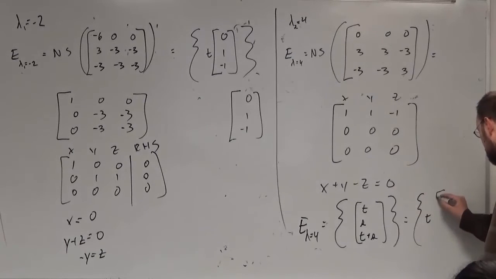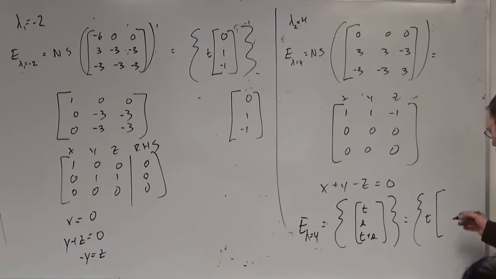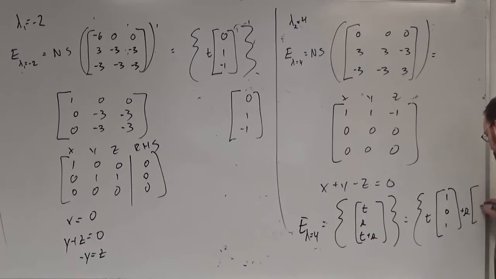So you can write that the eigenspace consists of all combinations of these two vectors.